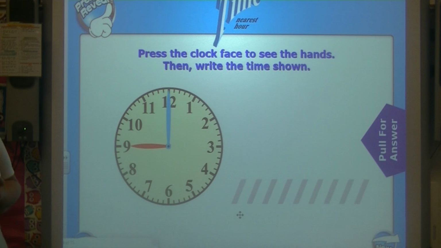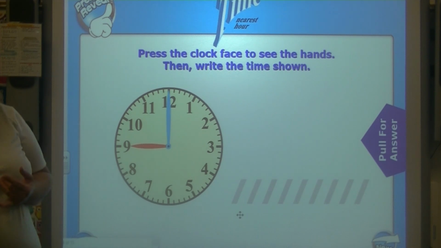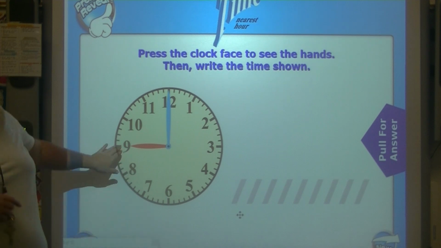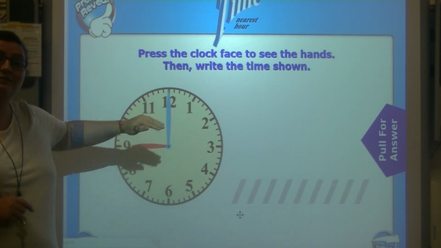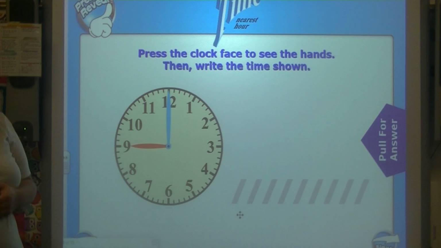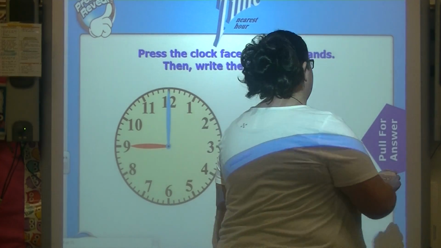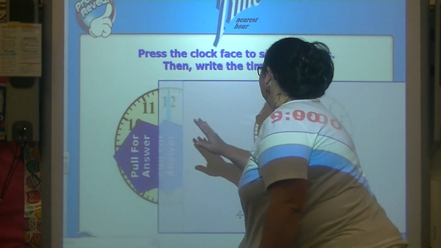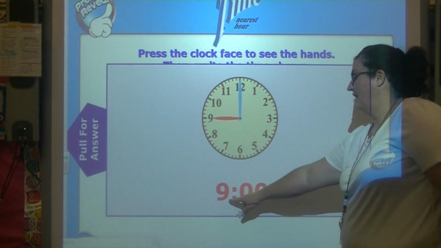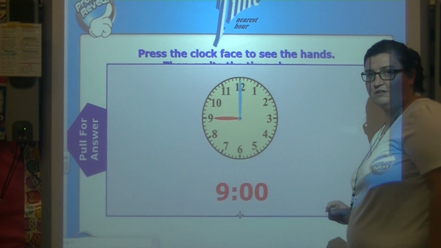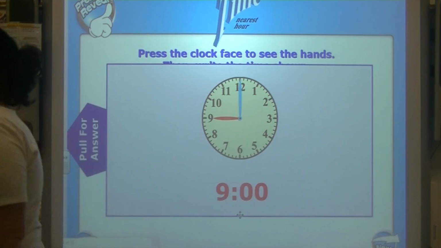So, on our digital time, what would we put for our hour? 9. And how many minutes are in 9 o'clock? No minutes. So, we would put 0, 0. So, it would look like this. 9 o'clock. 9, 0, 0.